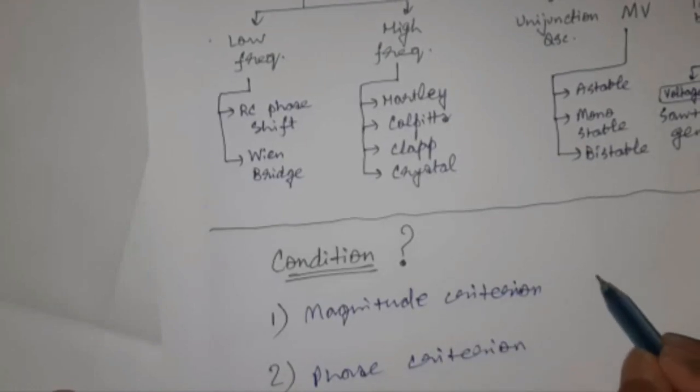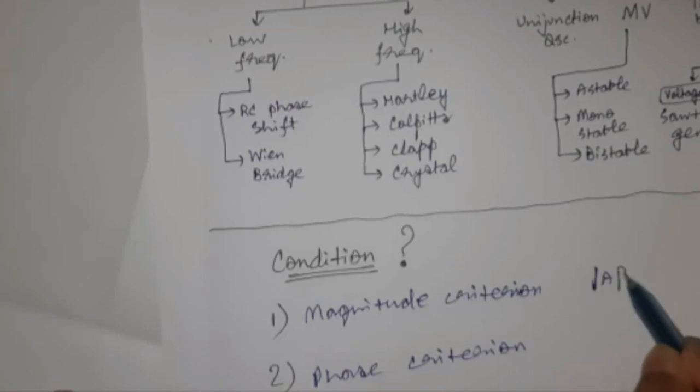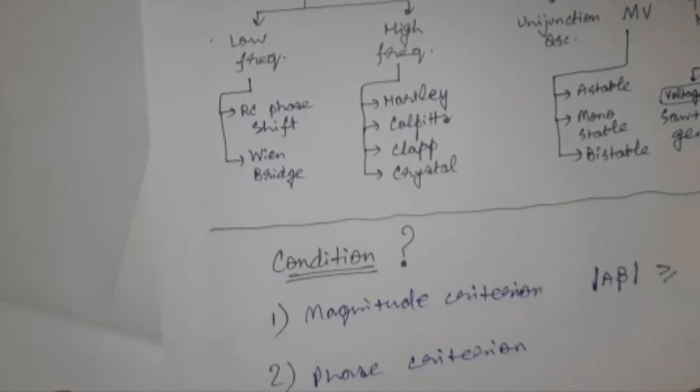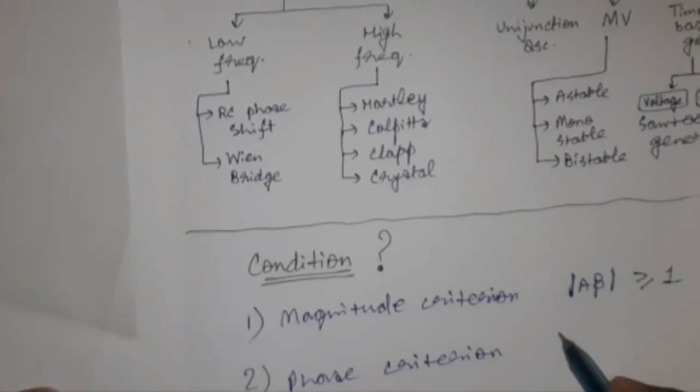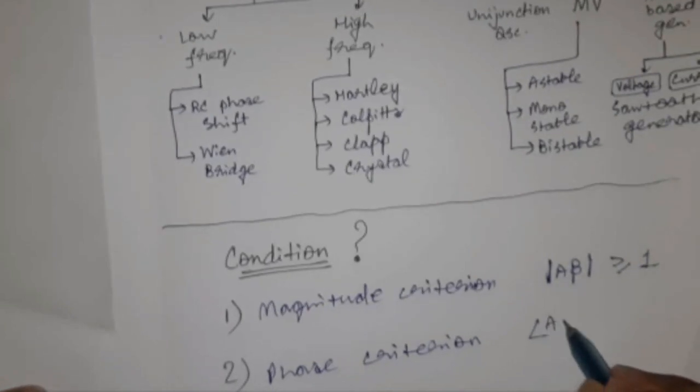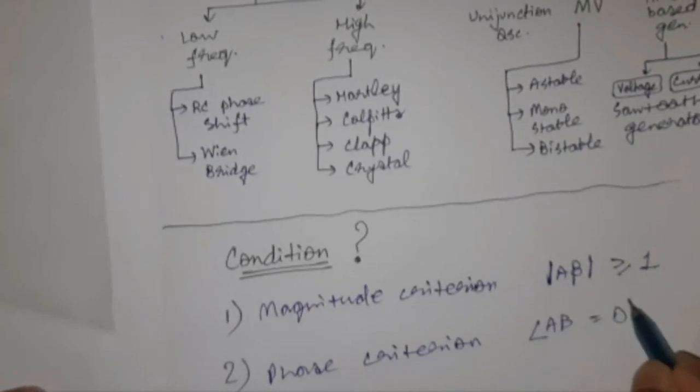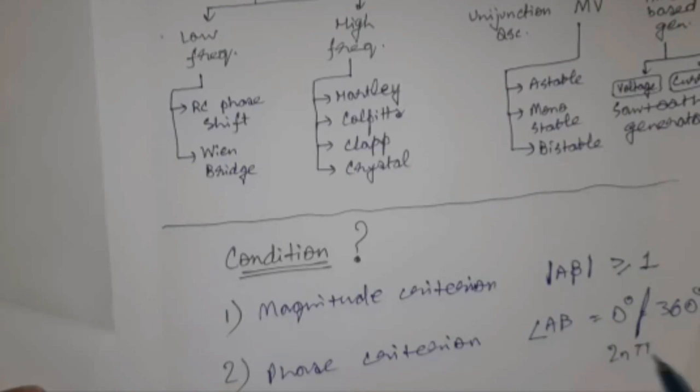The magnitude criterion says that mod A beta should be greater than or equal to unity, or 1. According to the phase criterion, angle A beta should be equal to 0 degrees or 360 degrees. Or we can say in radians, it should be 2 n pi radians.